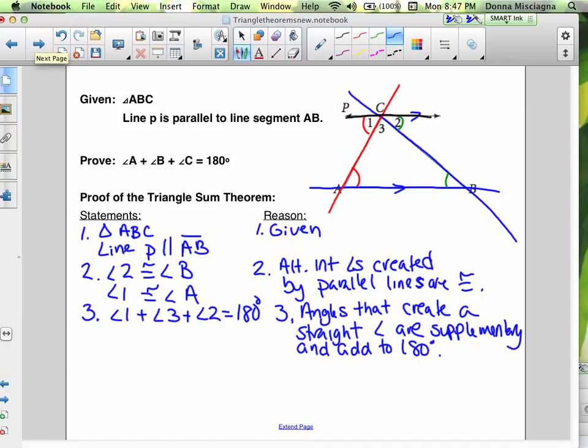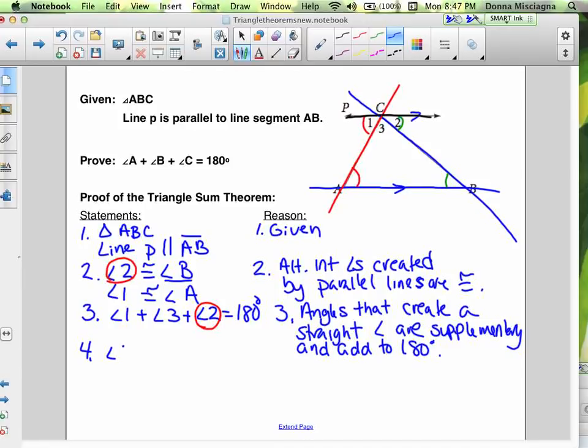Well, you know, I noticed that here I have an angle 2, and here I have an angle 2, and that angle 2 is equal to something. What if we were to replace the angle 2 in that sentence there with an angle B, what it's equal to?